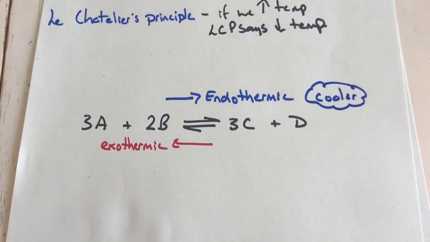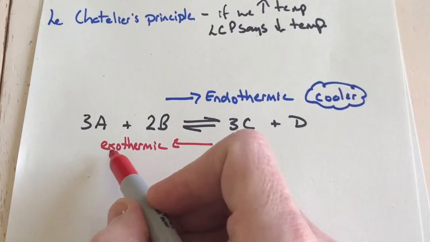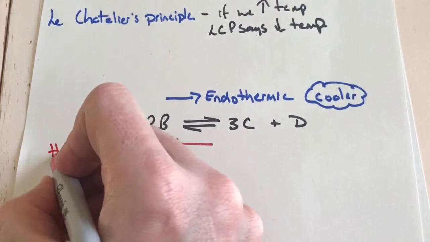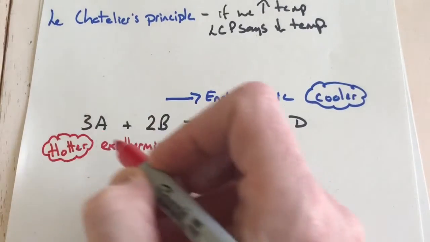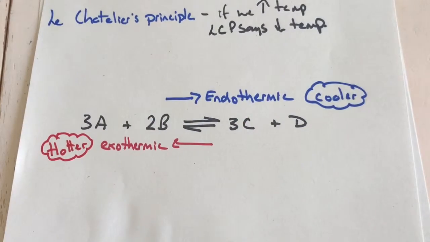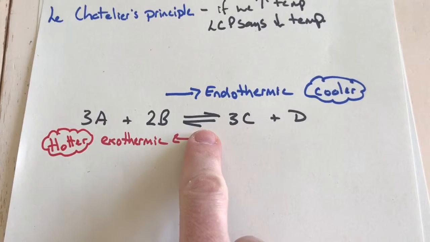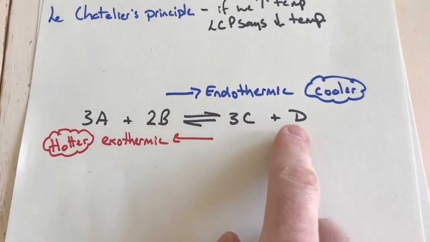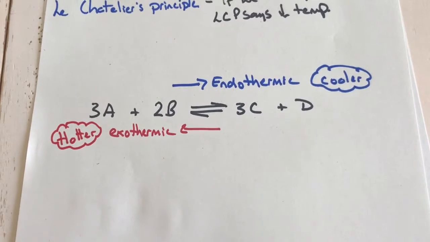Whereas an exothermic reaction, exo is exit, heat energy being given out to the surroundings, is going to cause the surroundings to become hotter. So we've got these two different reactions taking place. This is at equilibrium, there's my reversible reaction. We've got A and B reacting to make C and D, and then C and D coming back to make A and B.